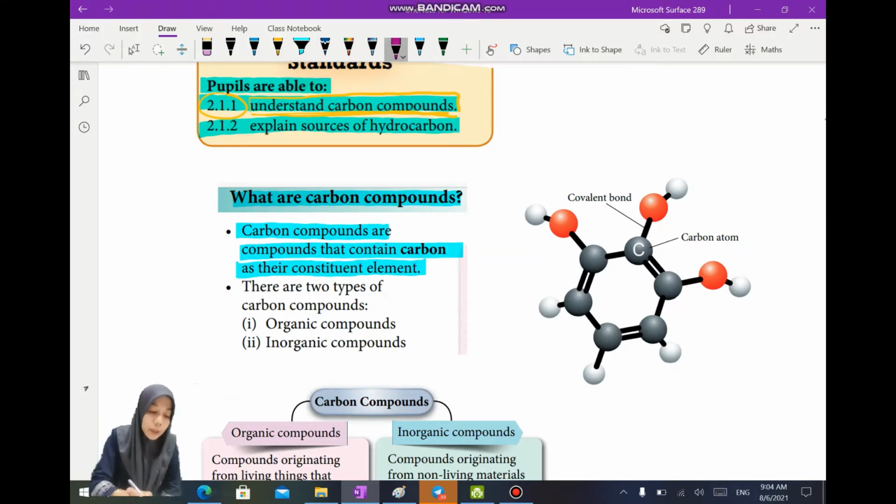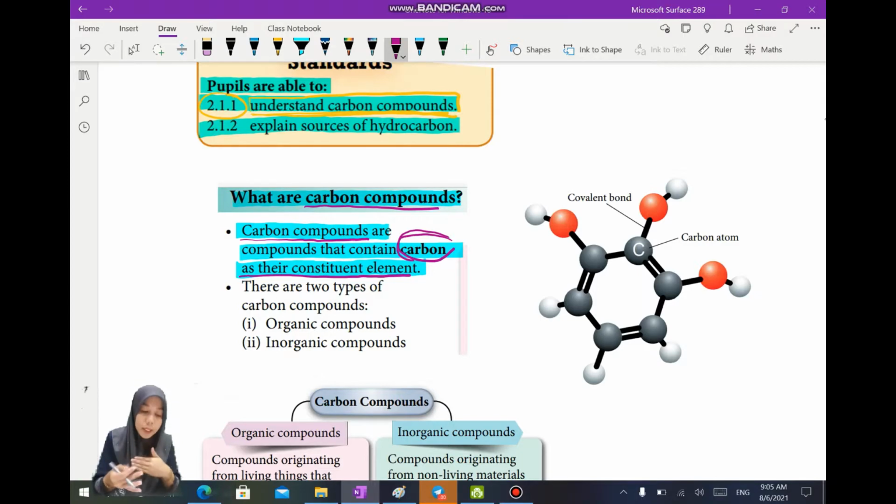Carbon compound adalah sebatian yang mengandungi karbon. Maksudnya, sebatian karbon adalah sebatian yang mengandungi karbon di dalam unsur juzuknya.